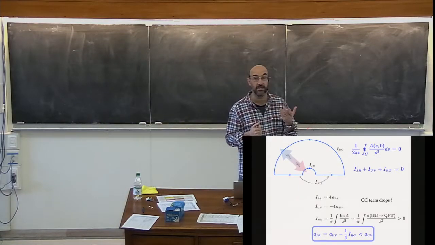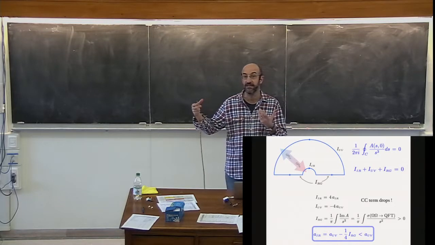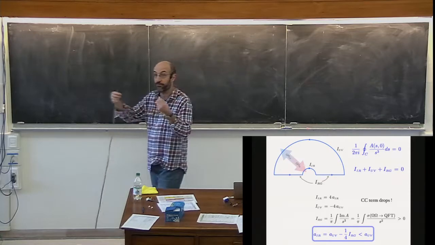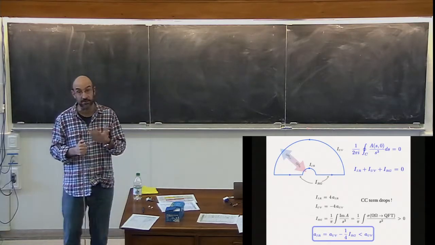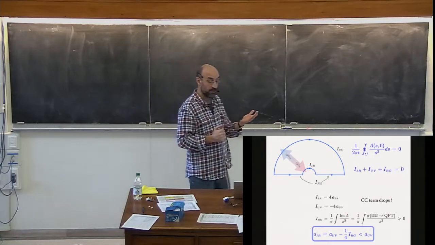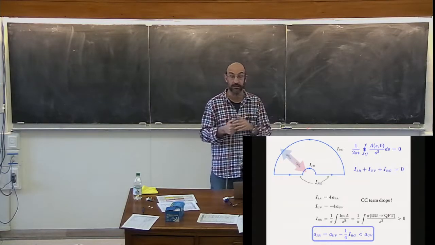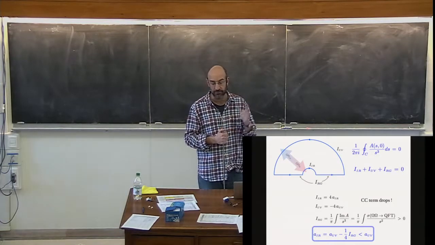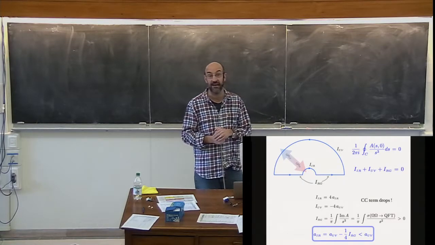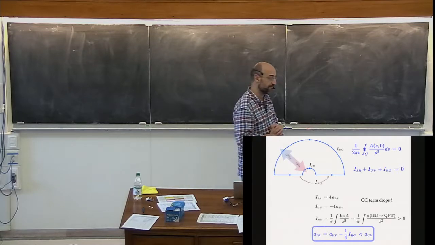Okay, if we take this theory and couple it to something else, there may arise new divergences, and we have to take care of them and renormalize the new couplings, okay? So when you couple the dilaton, which lives in this background metric, to your quantum field theory, you generally have additional divergences.